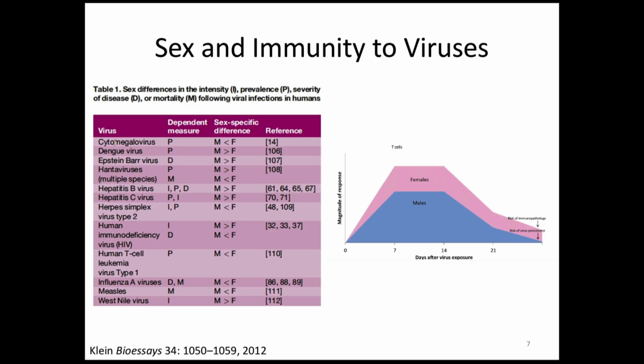However, it seems like the X chromosome isn't perfect at inactivation. There are some stretches that inactivate really well, and some stretches that just get left normal. And it turns out that many of the immune genes are on the parts that don't inactivate. So basically, in a cell that is XX, there are two copies of the TLR7 gene that are making twice as much TLR7 protein as someone who is XY.